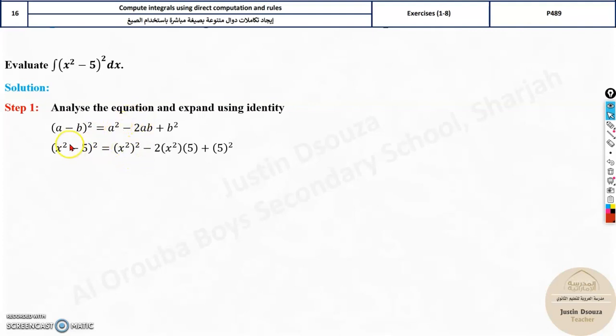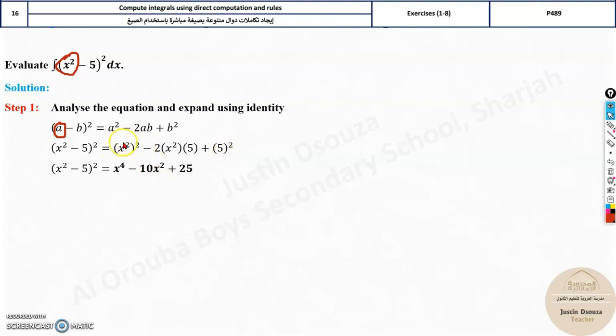So a squared will become x squared the whole squared. And then all you need to do is minus 2a, that is x squared, b is 5, plus 5 squared. That's it. Now simplify this.